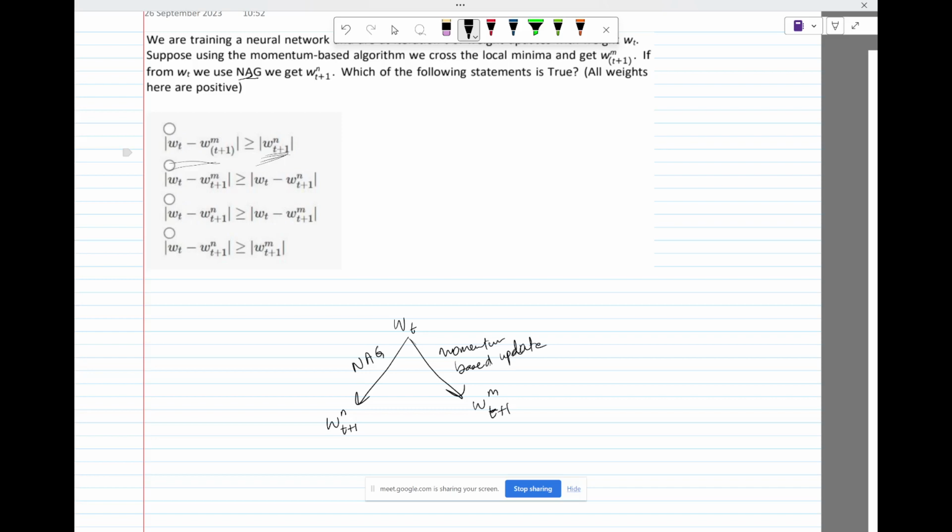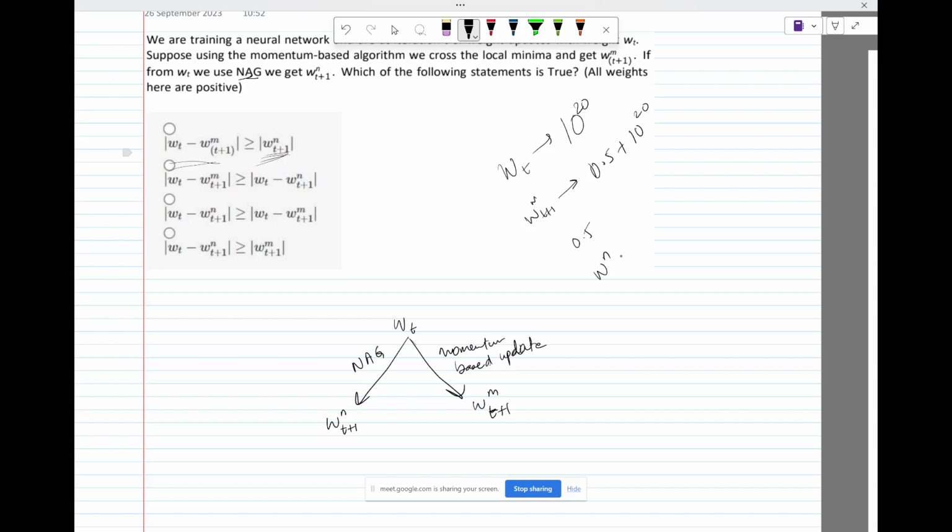Because that depends on many things like learning rate, and what the parameter value at Wt is. If Wt is, let's say, really big, 10 power 20, then Wm t plus 1 will be some 0.5 plus 10 power 20. So the difference will be 0.5.